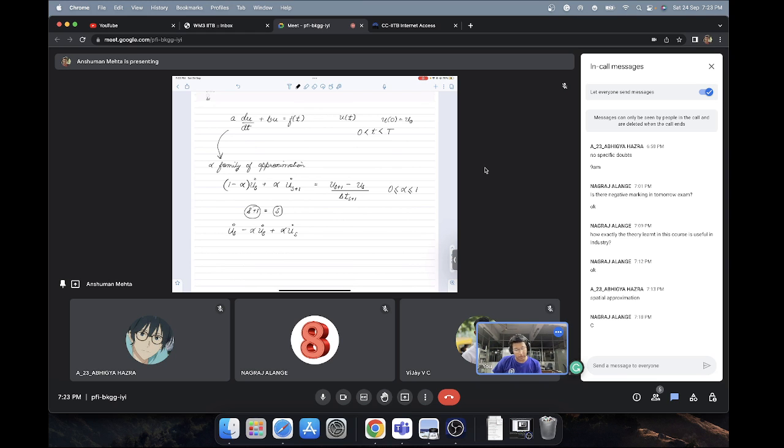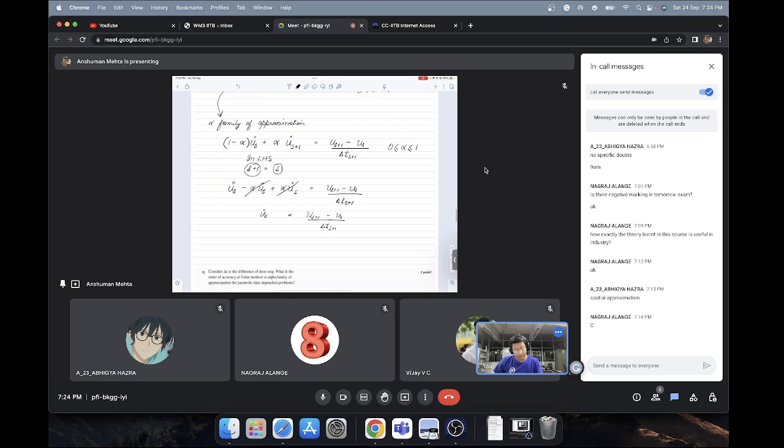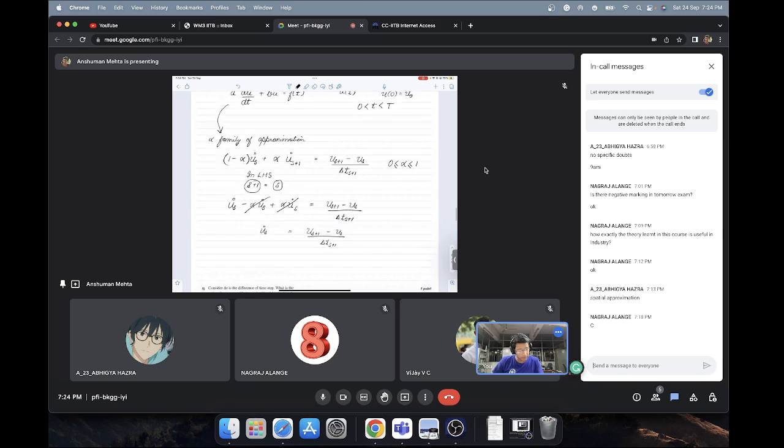We are taking s plus 1 equal to s, equal to u_(s+1) minus u_s by delta t, just on the LHS. So this will cancel this, and what you will end in is called Euler equation, Euler method, where it's just derivative, like it's just slope. If you wanted to find slope of 2 points, so this is the equation.